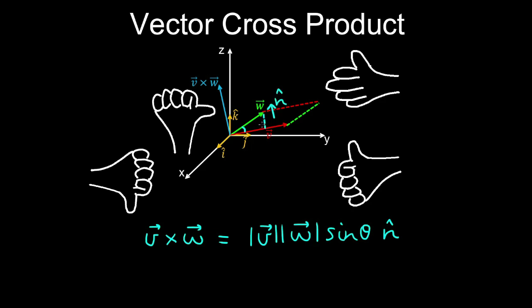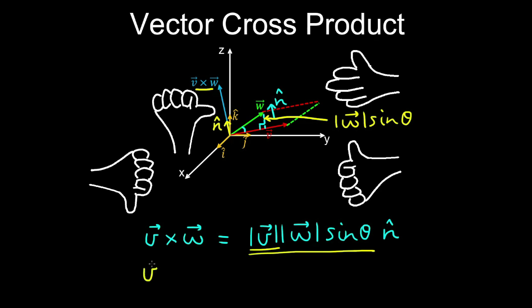So if we visualize this as a right triangle, then this length over here is the magnitude of w sine theta, which is the height of the parallelogram. So multiplying this height by the base of the parallelogram, which is the magnitude of v, gives the area of the parallelogram. And this is the resultant vector v cross w, which is perpendicular to the plane of the parallelogram and points in the same direction as n hat, being the unit vector.